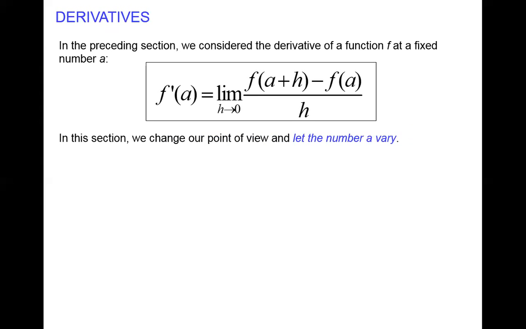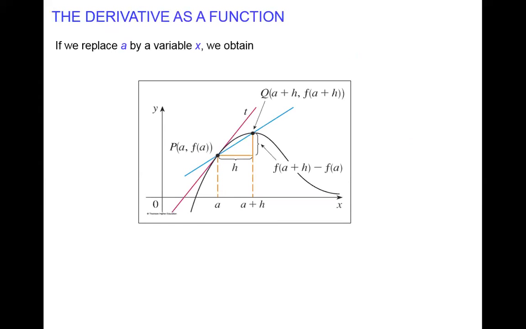Let's see this. You can see this is the derivative at an exact point. But now I will let that number vary. I will simply put x, any number, instead of a.